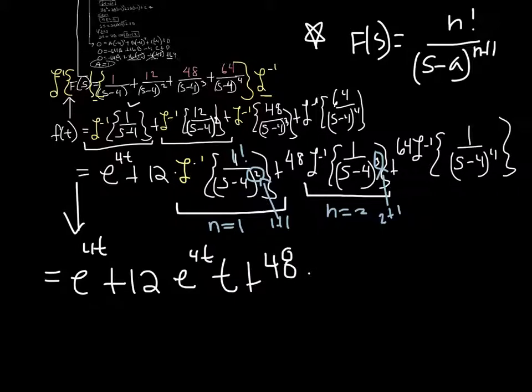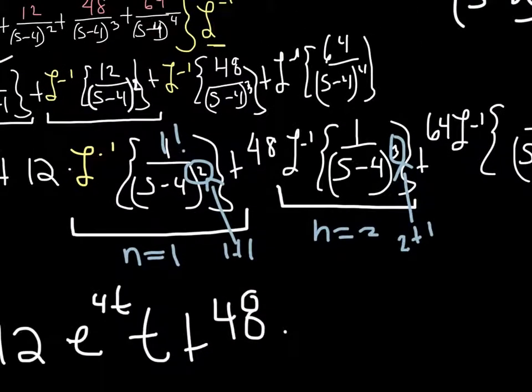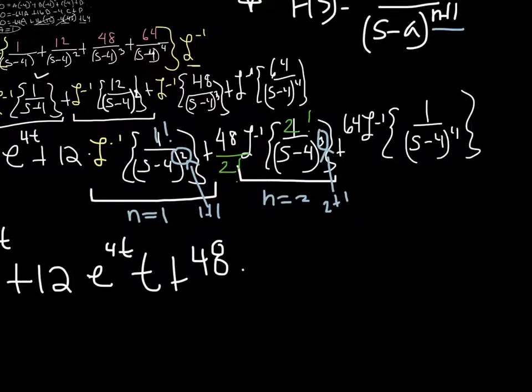But if that's 2 plus 1, my n is 2, so I should really have 2 factorial above. So I'm going to multiply by 2 factorial, but I can't change this value. So if I multiply by 2 factorial, I'm going to really divide by 2 factorial. We're allowed to do that because I haven't changed the value.